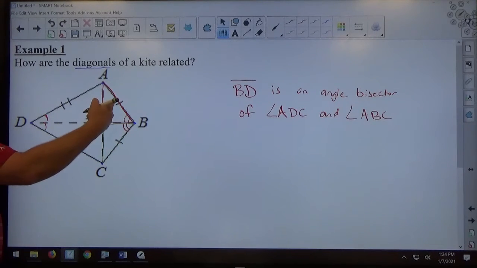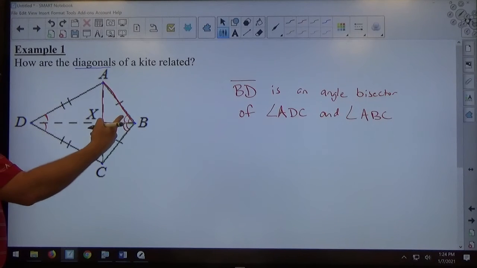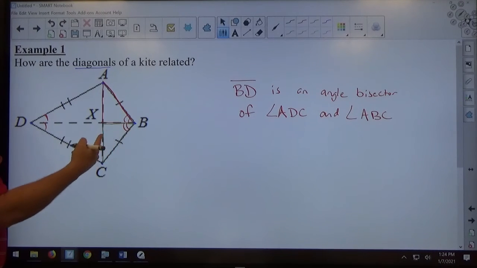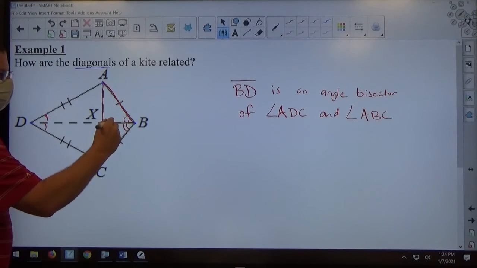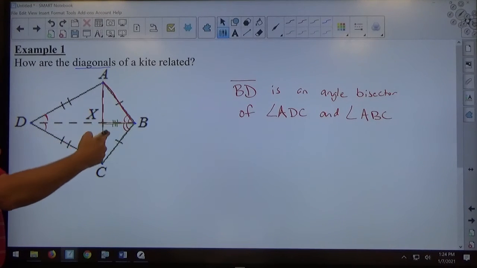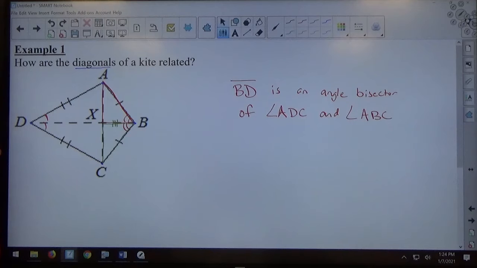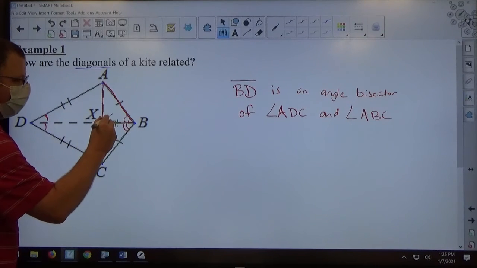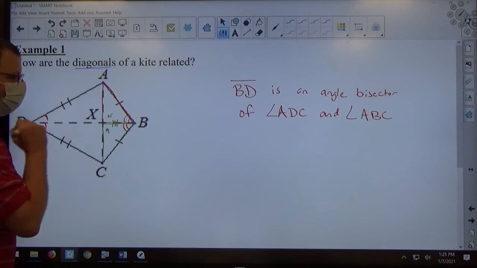Once again, we already know this side is congruent to this side. We just figured out these two angles are congruent to one another. XB is congruent to itself by the reflexive property. So now these two triangles have to be congruent via the side angle side theorem, which means that this angle right here is congruent to that angle right there.